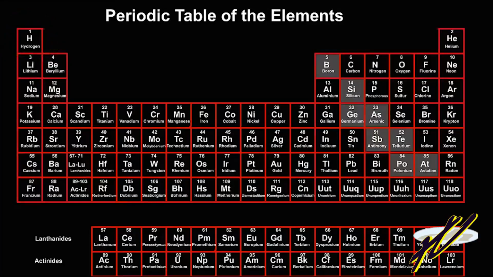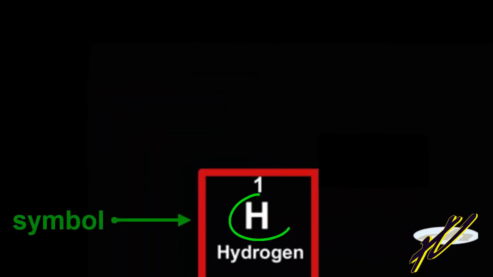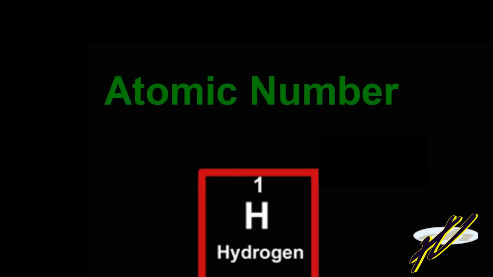Each element can be written with a shorthand using one or two letters called its symbol, which is capital H for hydrogen, not surprisingly. Each element also has its own number, showing its place in this list, called its atomic number. Hydrogen is the lightest element, so its atomic number is 1.